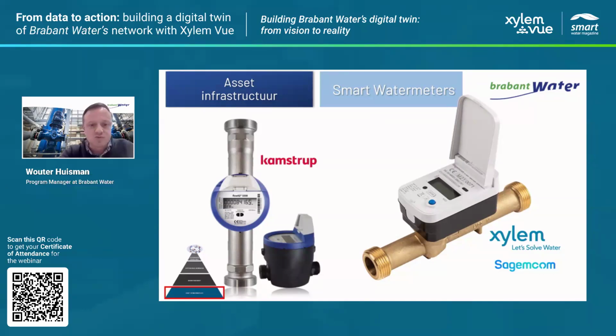And we have 2 water meters coming out of our tender. We installed the Kamsnoek water meters and water meters provided by Xylem and made by Xylem. So this summer we started with the installment of these smart water meters. At the moment we have about 8,000 smart water meters installed.